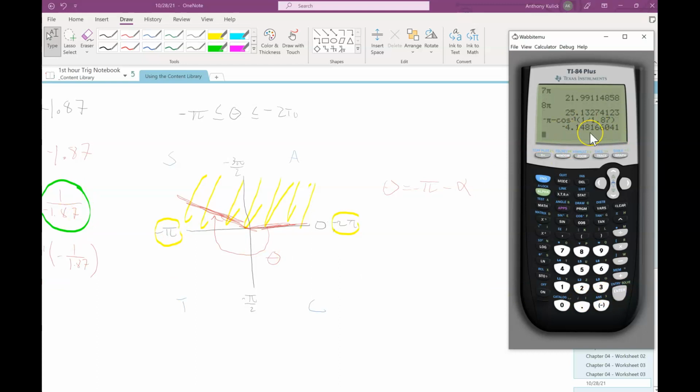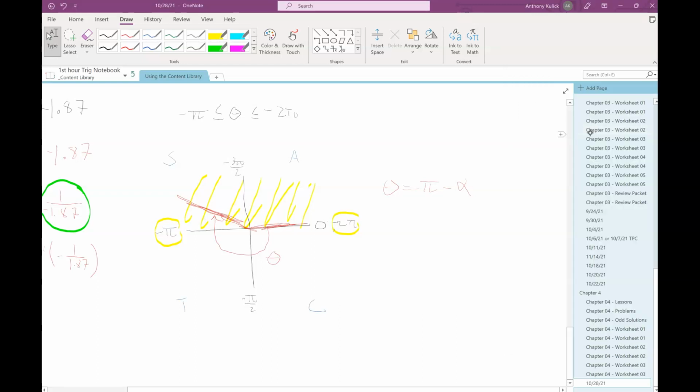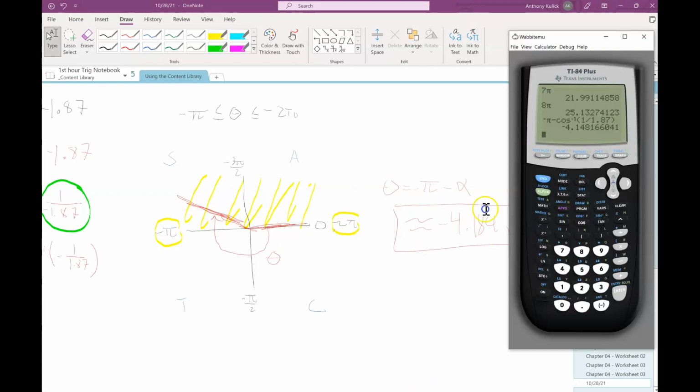So I got negative 4.184. Let's just check that real quick. If I do 1 over cosine of that value, I better get negative 1.87, which I do.